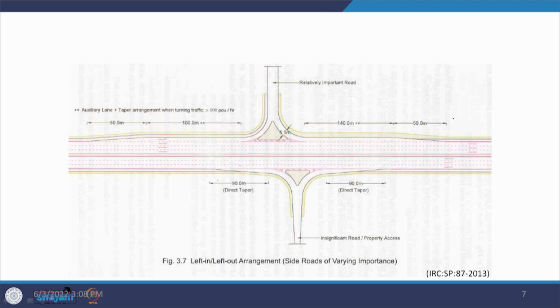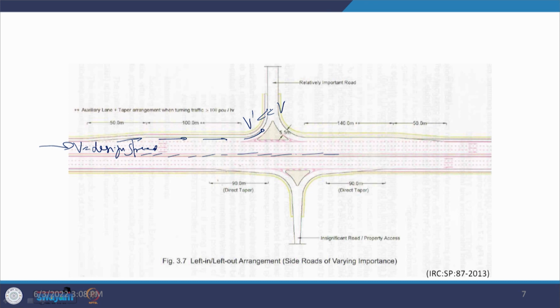So, here what you find is that a continuous median is being provided, therefore, there is no possibility of crossing traffic here, and the crossings could have been provided at some other location. But the traffic coming from this direction at a speed v, which may be the design speed, if it desires to go out of the system, is going to take a turn in this form, and the speed here, v dash, is going to be quite less as compared to the design speed v.